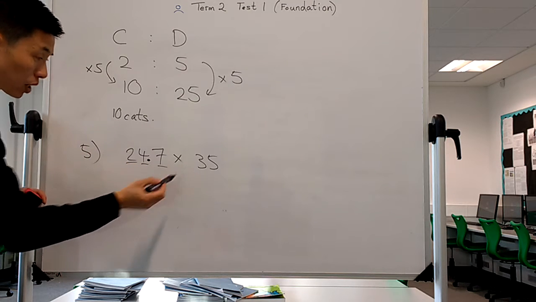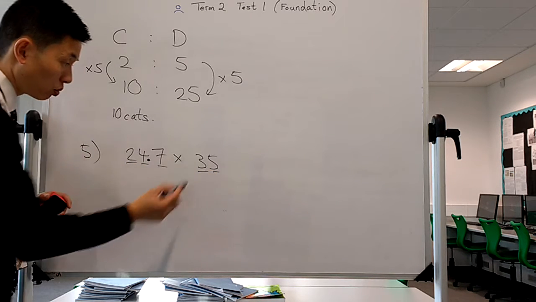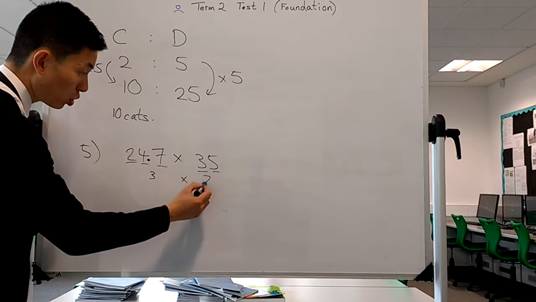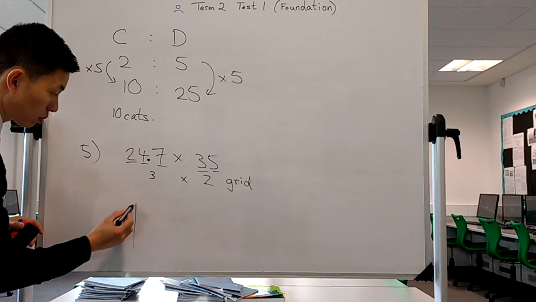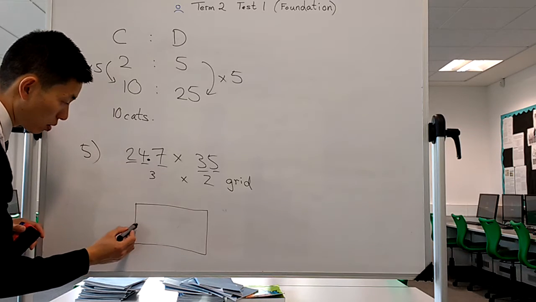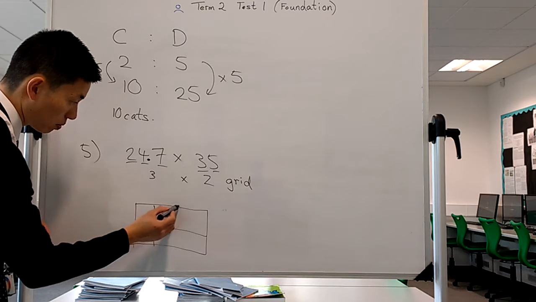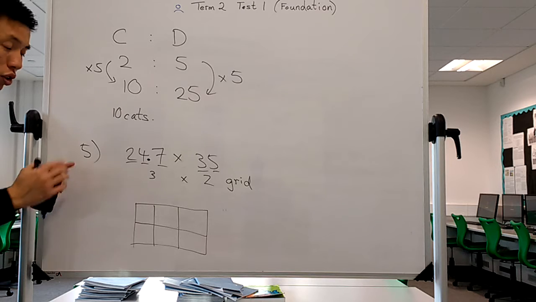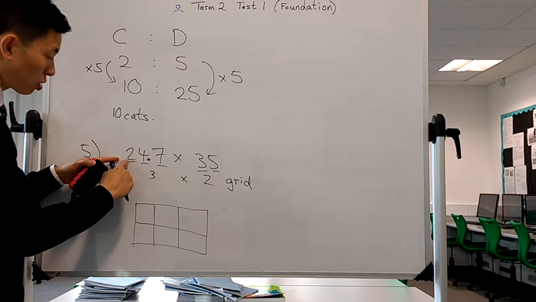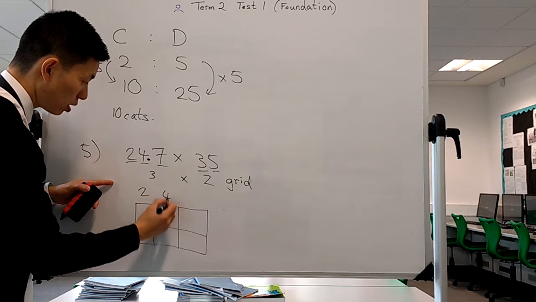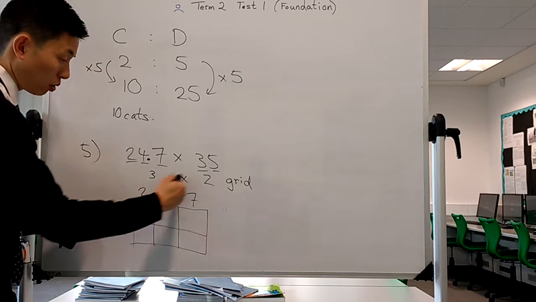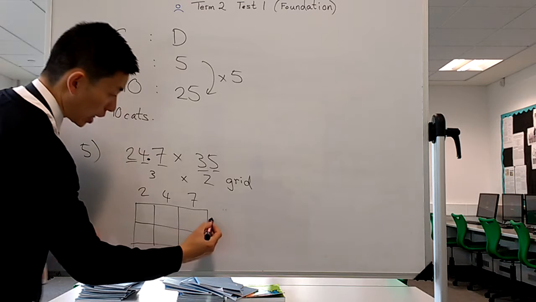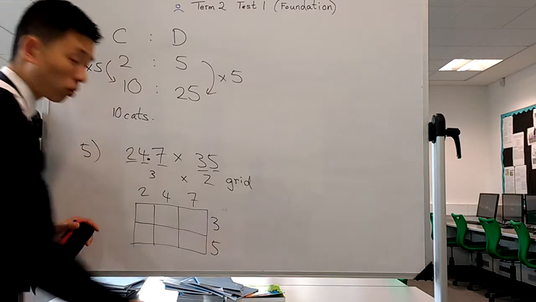You need to do a 3 by 2 grid. And you know you do it right because the numbers need to sit on the grid. So there are 3 numbers, so therefore 3 squares there. And then 35 must be written on the right hand side.